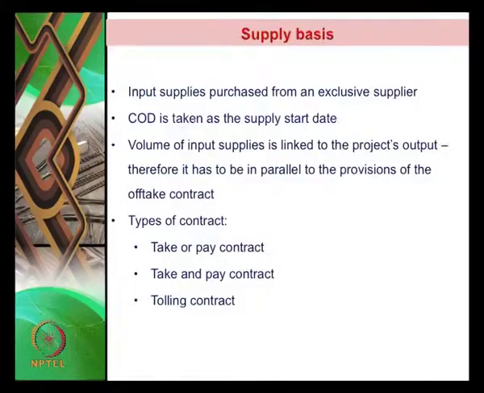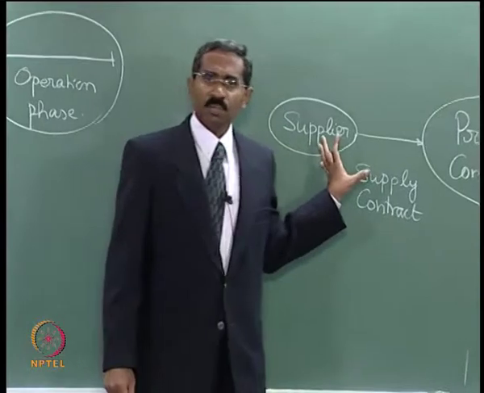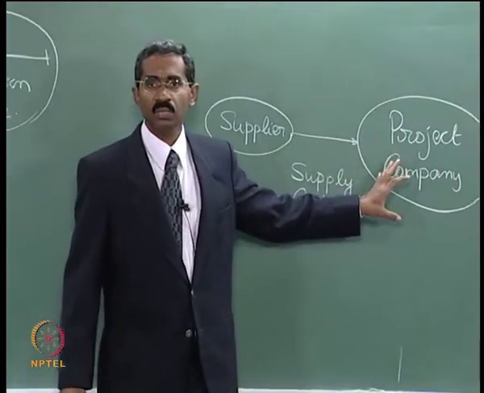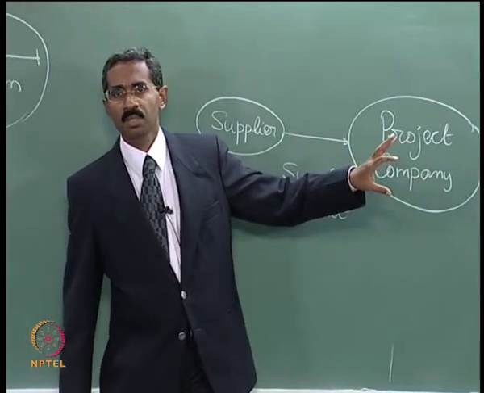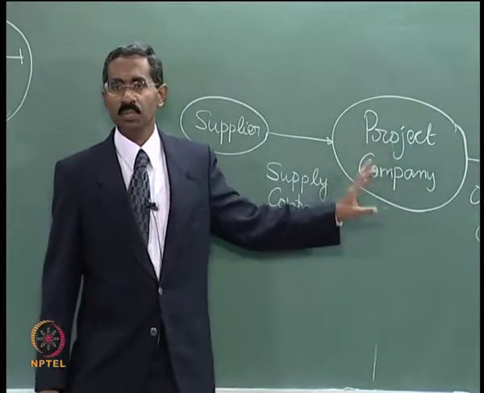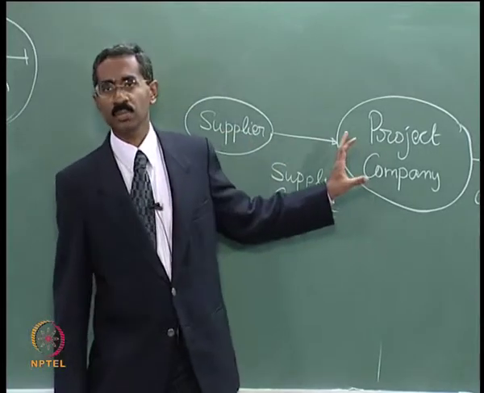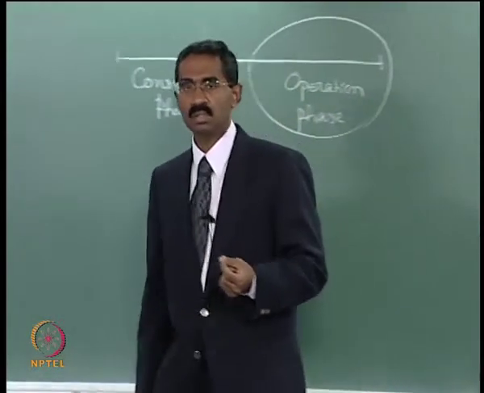And then the third is a tolling contract. So in a tolling contract, the supplier provides the necessary supplies to the project company for it to be turned into a product, and for making the project available so that the supplies can actually be utilized by the project company, there is a fee paid by the supplying company.